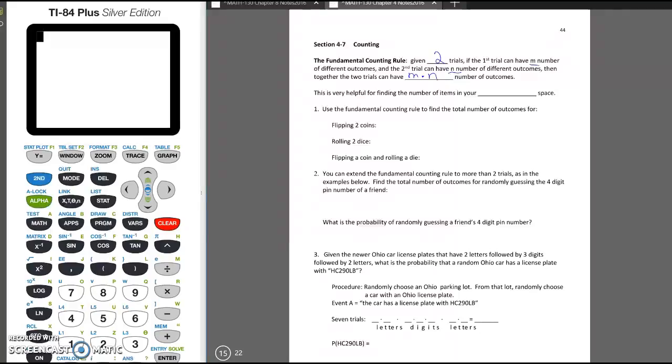So this rule is really helpful for finding the number of items in your sample space. And normally when we're doing probabilities, that's the denominator of our probability.